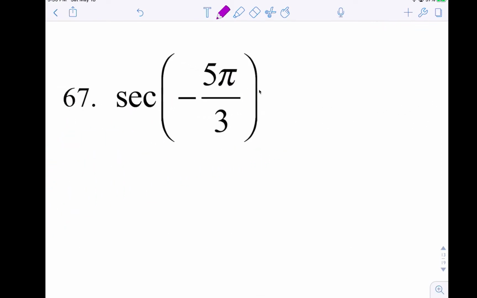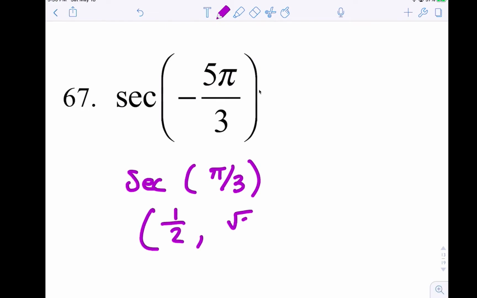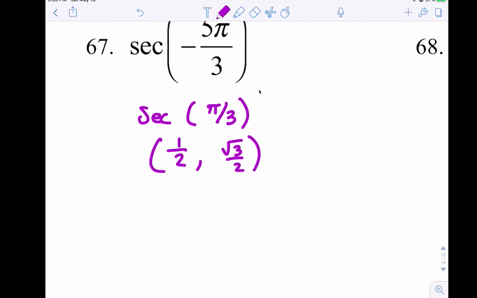Secant of -5 pi over 3 is the same thing as secant of pi over 3, which is 1/2, root 3 over 2. Secant is the reciprocal of the x term, so 1 over 1/2 is 2.